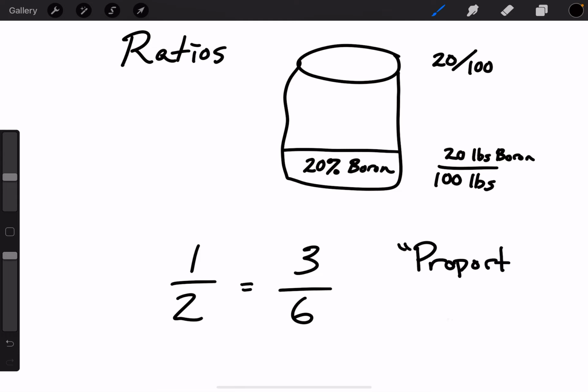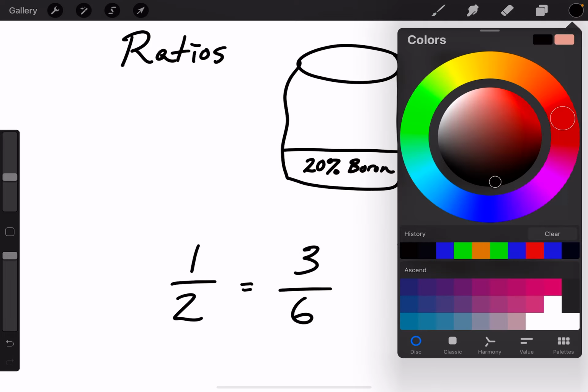Now, there are other definitions of proportion. Really, we could talk about proportions anytime two things are related by multiplication or division. But anytime you see two fractions and an equal sign, you are dealing with a proportion. And there's a bunch of patterns here that we should be aware of.